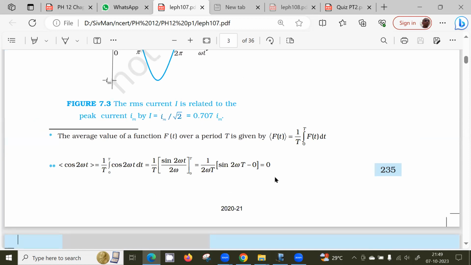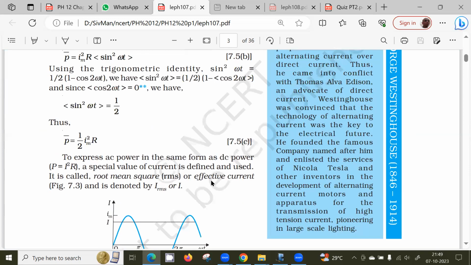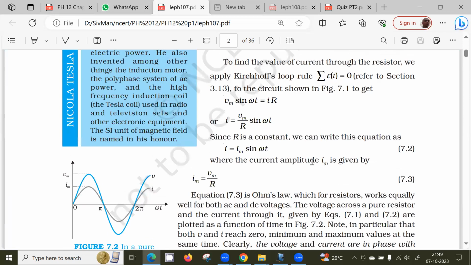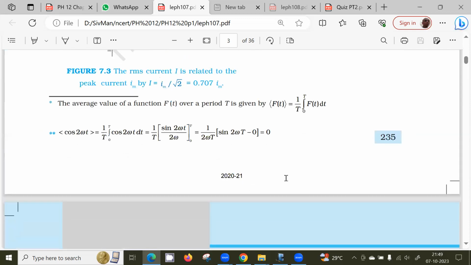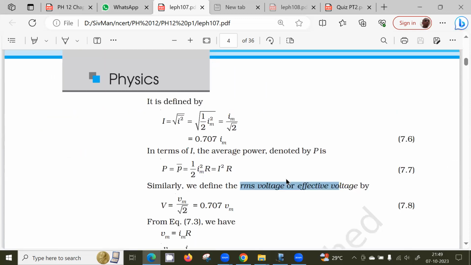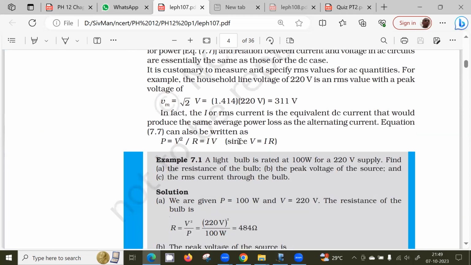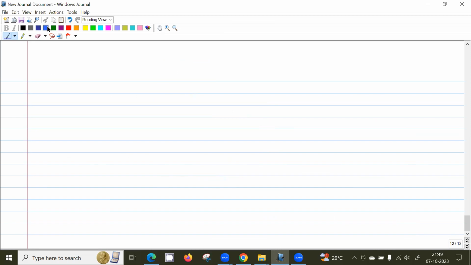This is the average value of a function. This I actually did in class, the RMS value.